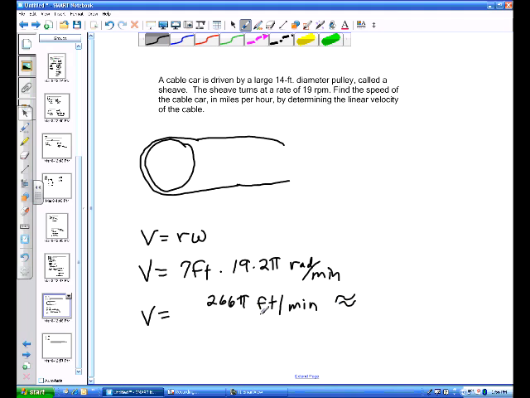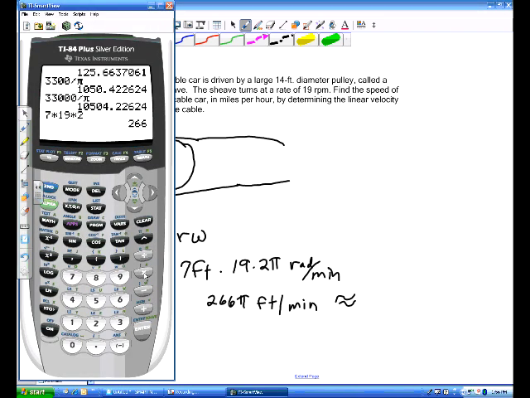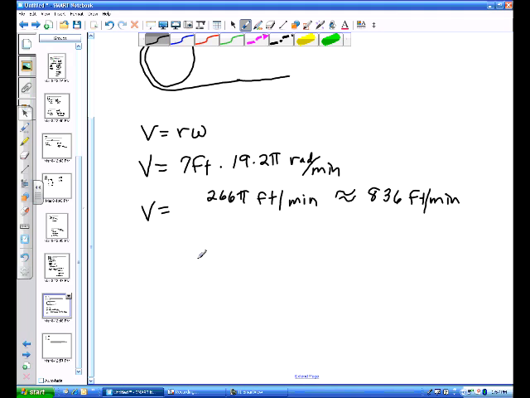Approximately, and we'll do some other changing in a minute, but let's get this one so far. If we multiply that by pi, that would be approximately 836 feet per minute. But if you look at the problem, it didn't want feet per minute, it wanted miles per hour. So now we're going to need to do some conversion.